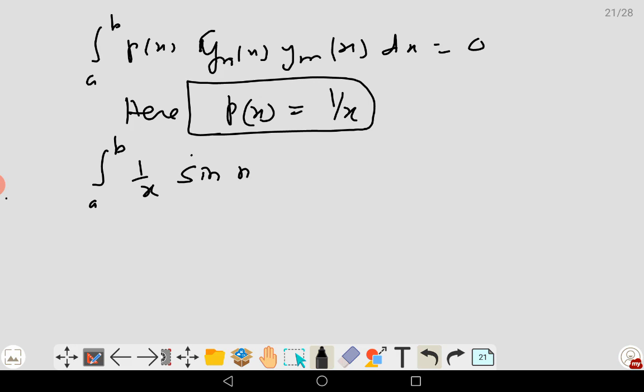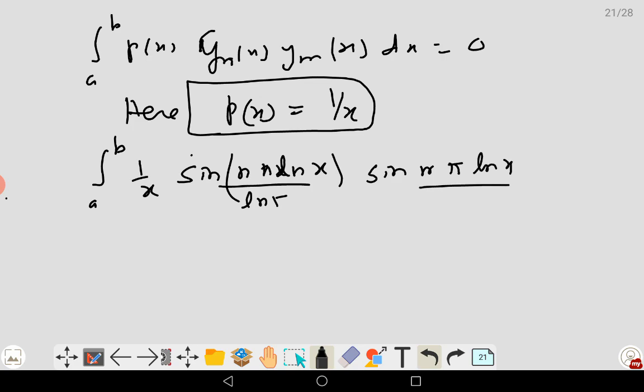We have seen p of x is 1 by x, so we can write integral a to b, 1 by x, sin n pi ln x over ln 5, sin m pi ln x over ln 5 dx.